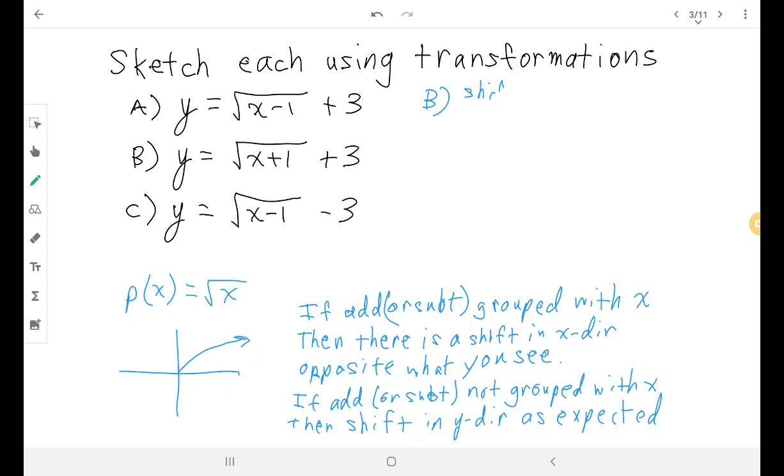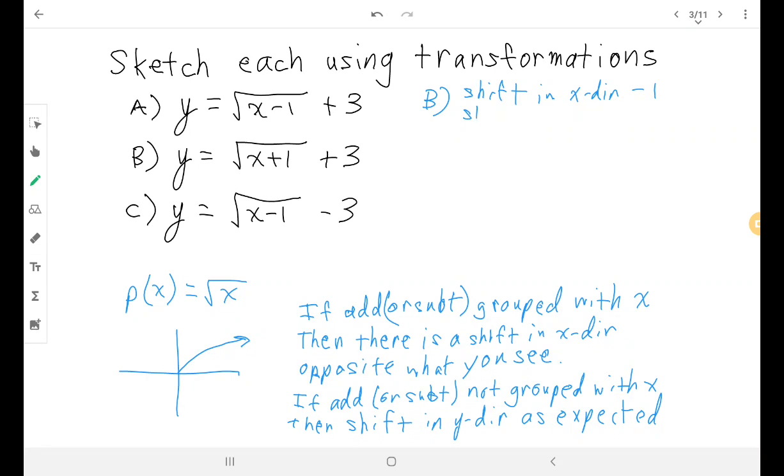There's a shift in the x direction that we can talk about. That's grouped in with x here. It is opposite of what you see, so it would be a shift in the x direction of -1 because we see +1 right there.